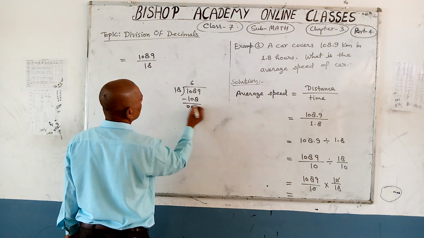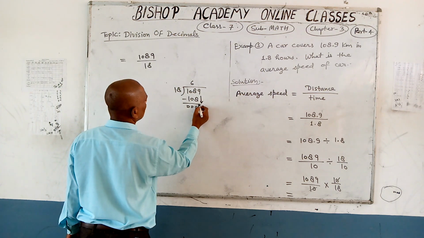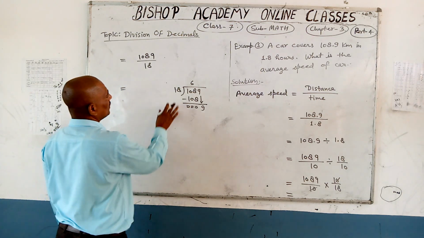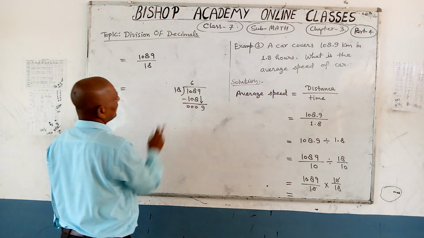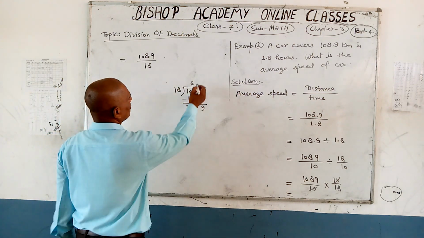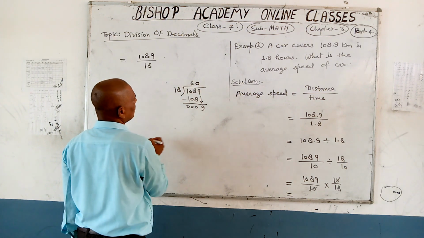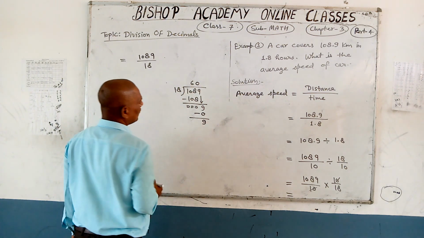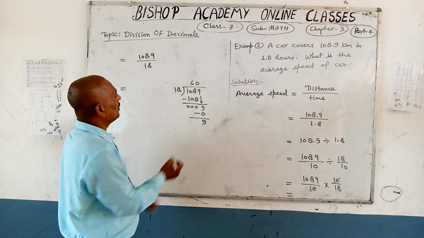You subtract, get zeros, take down 9 below. You know that this 9 is divisible by 18 how many times? 0 times. 18 0s are 0. Subtract 0 and 9 is the remainder.